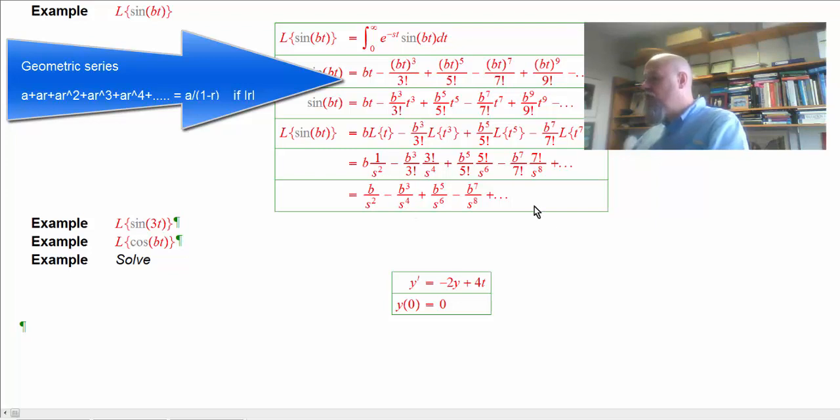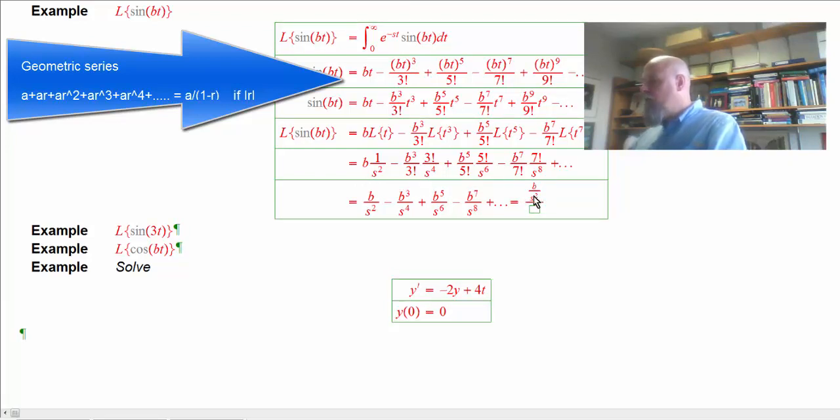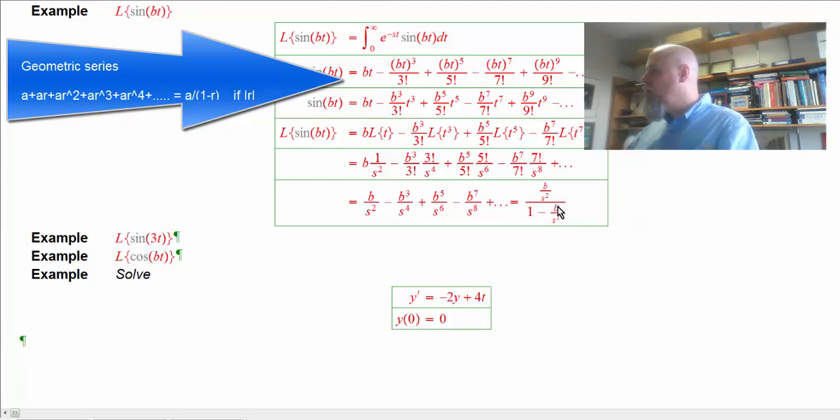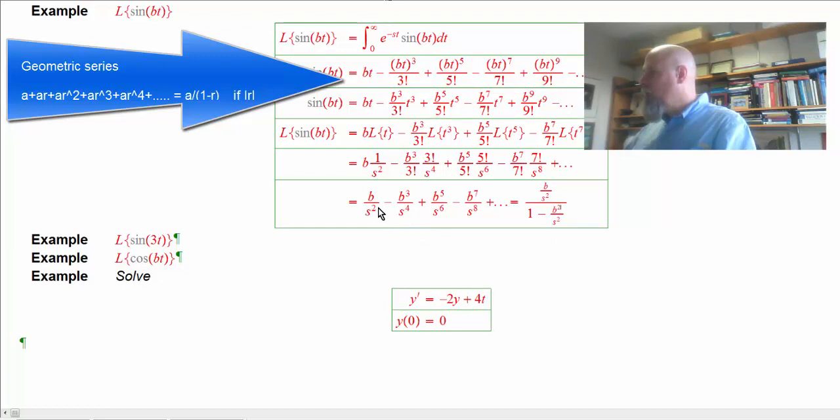So it's a geometric series where the first term is equal to this, and the ratio is b squared over s squared. Well, no, minus that.